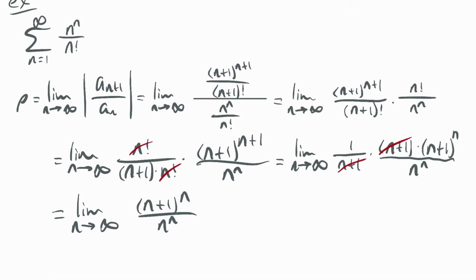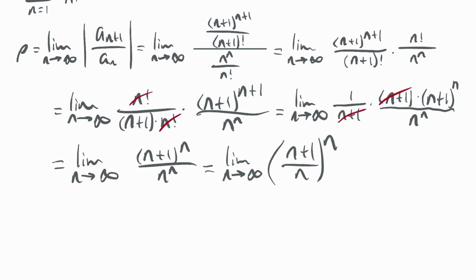So I can write this as the limit as n goes to infinity of n plus 1 over n, to the nth power. You might be familiar with this. You might be starting to see where this is going. This is equal to the limit as n goes to infinity of 1 plus 1 over n, to the nth power.